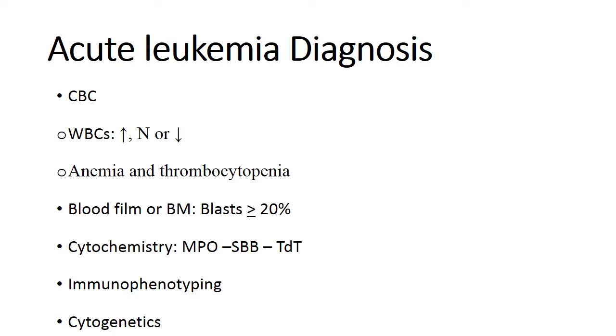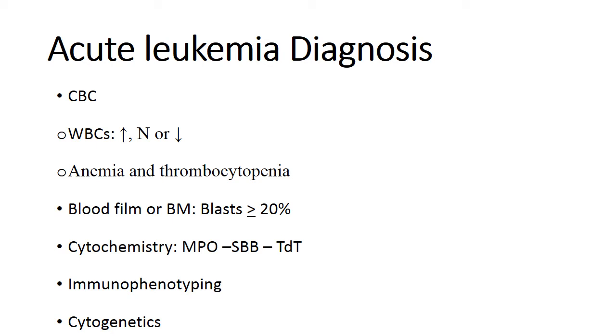Then we can diagnose the origin of the acute leukemia by the presence of certain markers on the cells, whether on the surface of the cells or inside the cells or inside the nucleus. We use monoclonal antibodies labeled by a fluorescent dye in a test known as immunophenotyping or flow cytometry or immunohistochemistry.